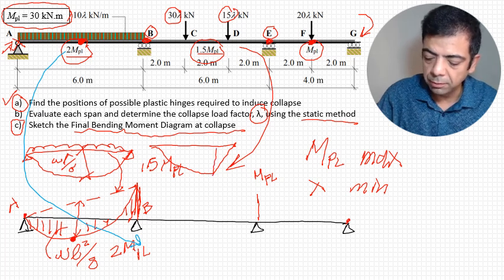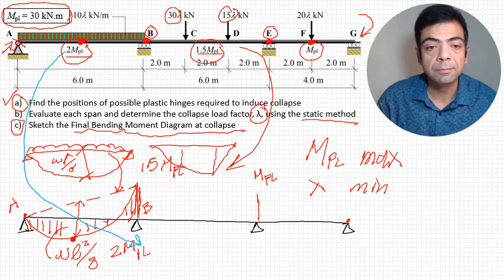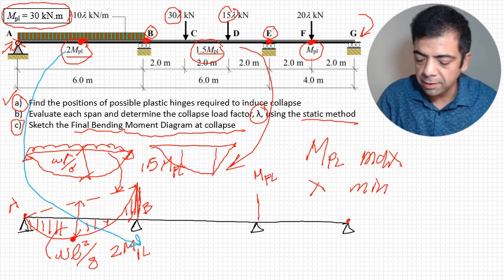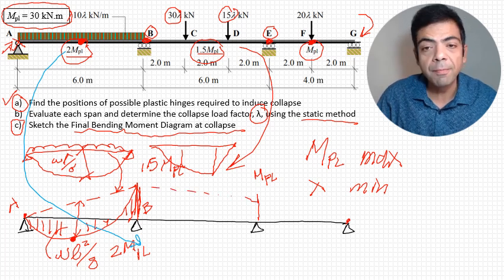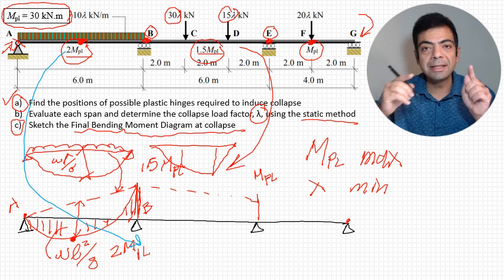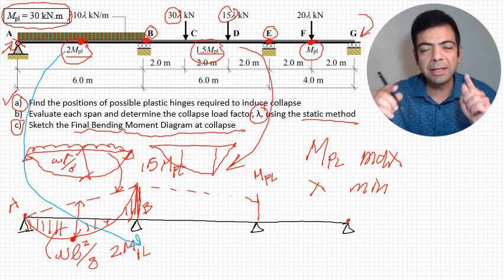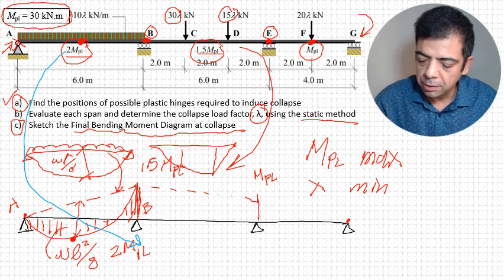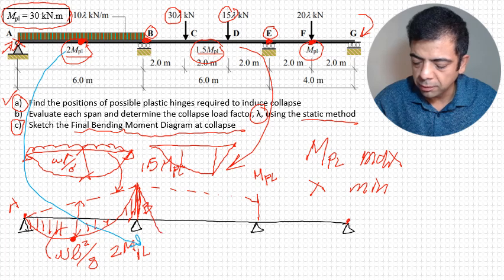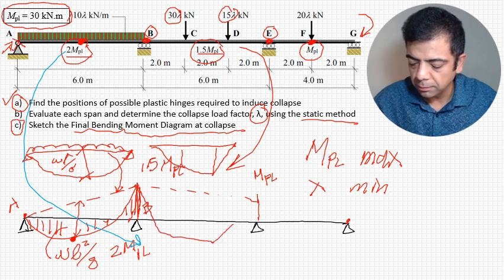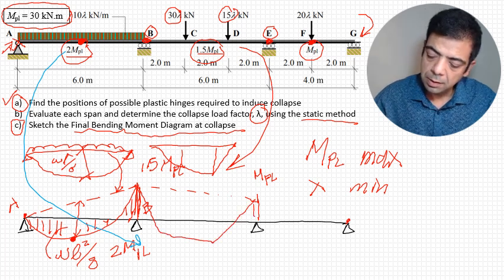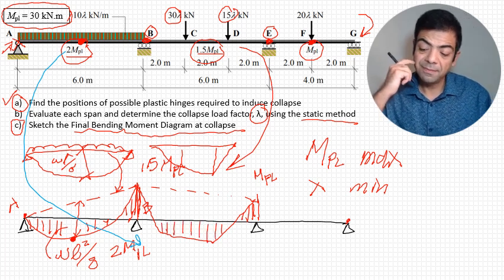This value is bigger than this value. So I'll do the same thing. I'll connect the dotted line, and from the dotted line, I will hang the simple supported bending moment shape. So it will most probably look something like this. Everything above the black is the negative, everything below the black is the positive.